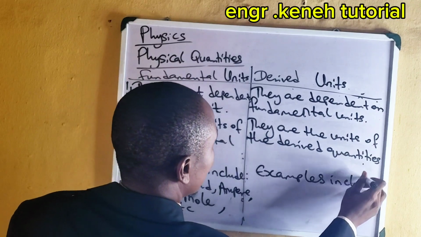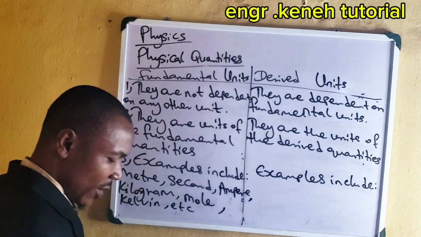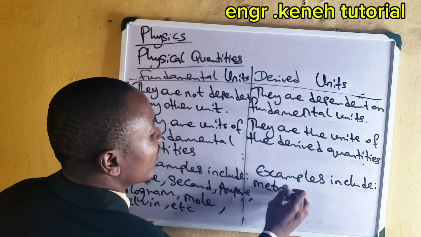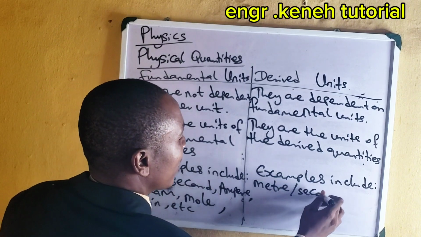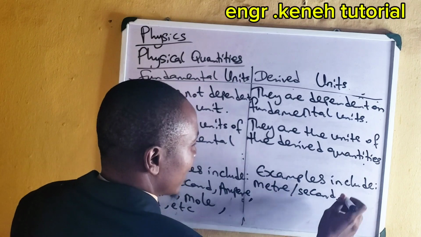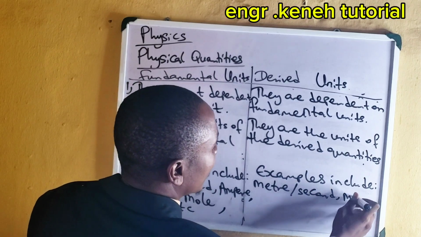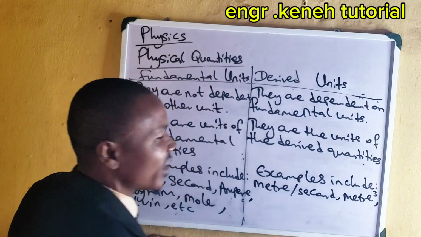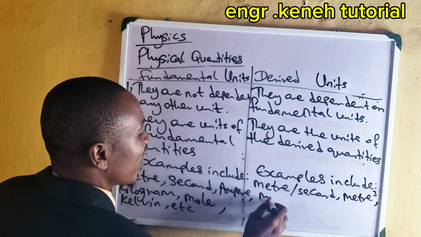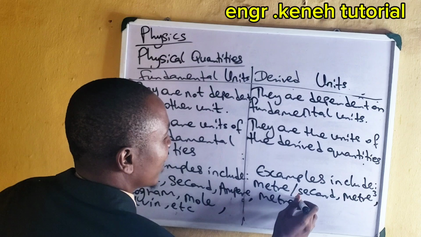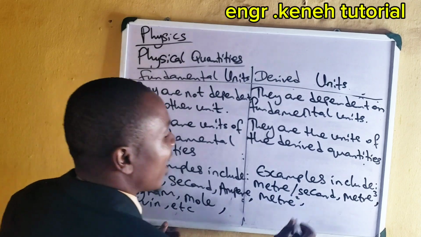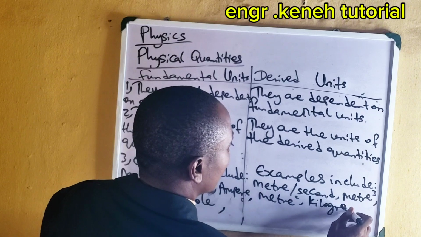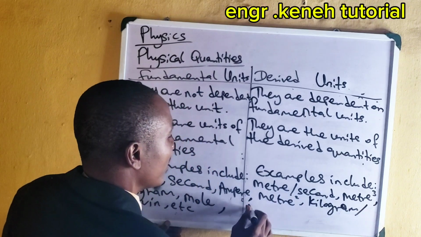For derived units, examples include meter per second, that is the unit of speed. I have meter cube, that is the unit of volume. I have meter square, that is the unit of area.